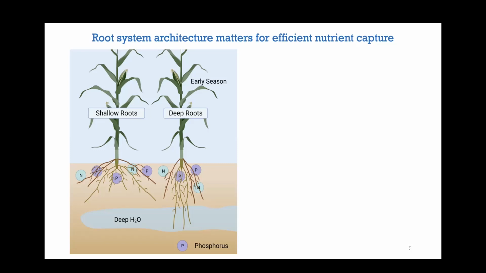And the ability to capture phosphorus by investing roots in the topsoil is pretty well established at this point. A more relevant problem to a lot of our Midwestern agriculture is, for example, early season drought, and obviously plants that invest in deep roots have an advantage there. We actually had one at our farm this year, and so we've got to evaluate some of our deep-rooted genetics and how they did this year. So this is quite relevant, I think.